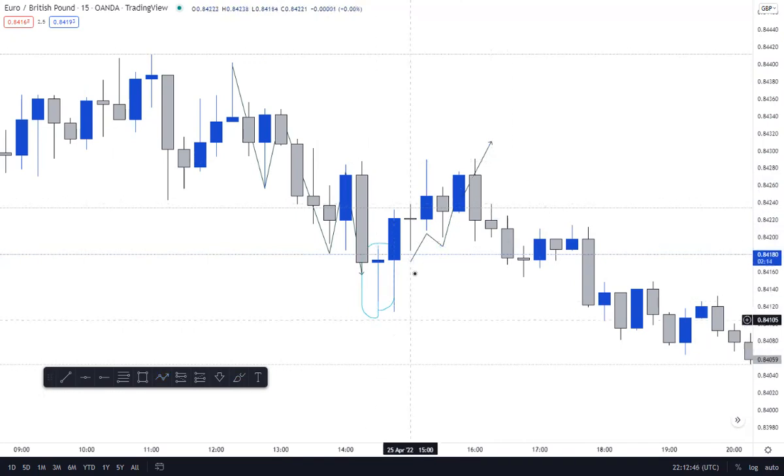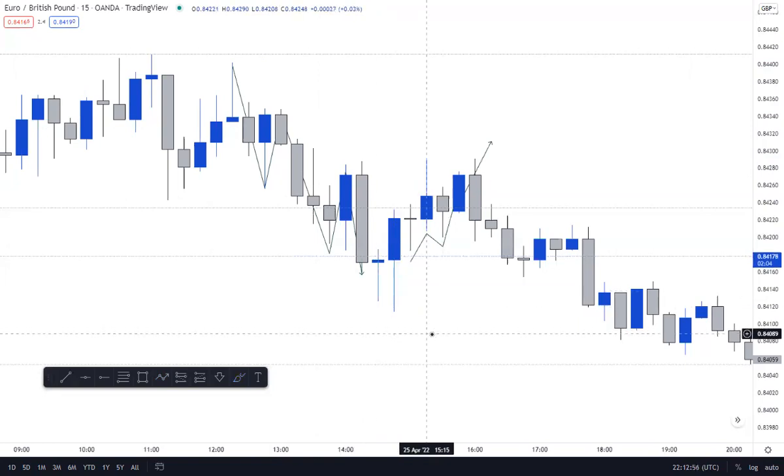So what candlestick pattern is this? Use your chat box. I need more answers.